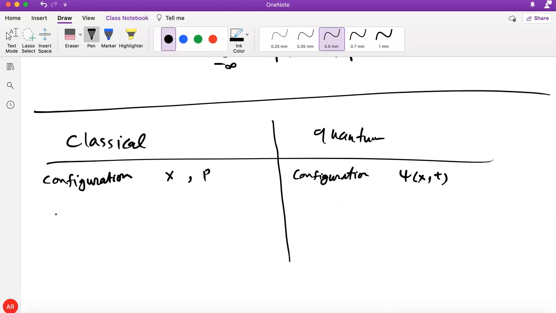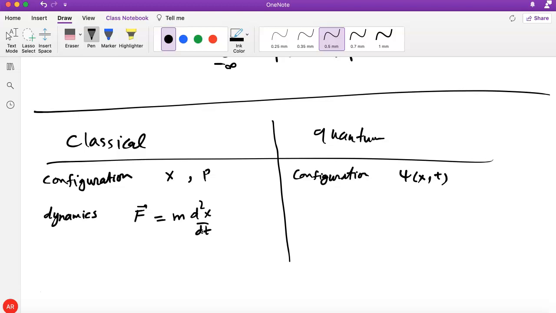And then if you think about dynamics, how things change, well, what is the dynamics here? So we have a bunch of forces, right? The net force is mass times the acceleration.